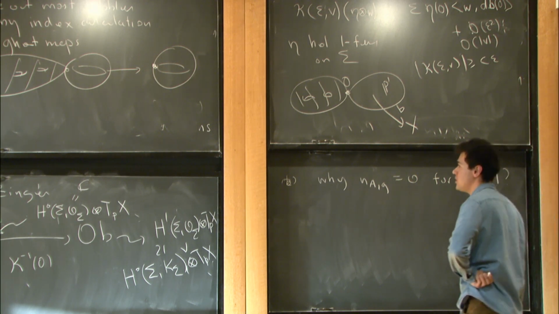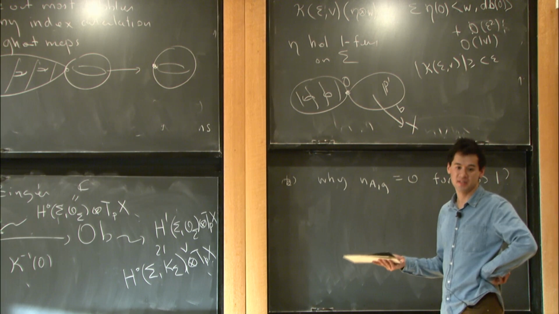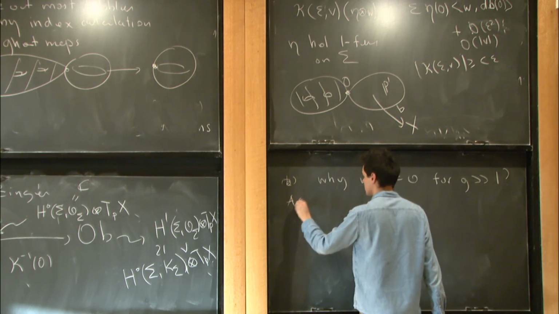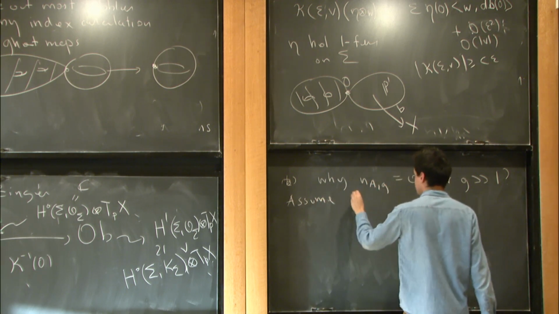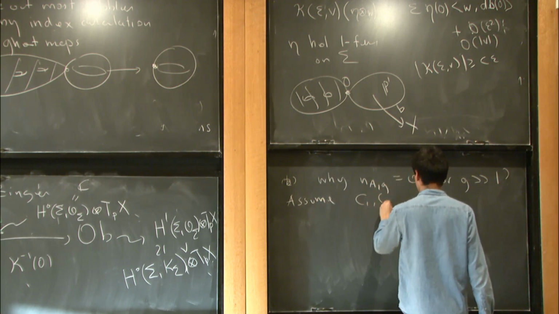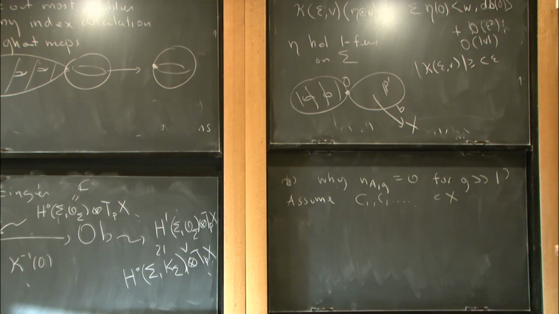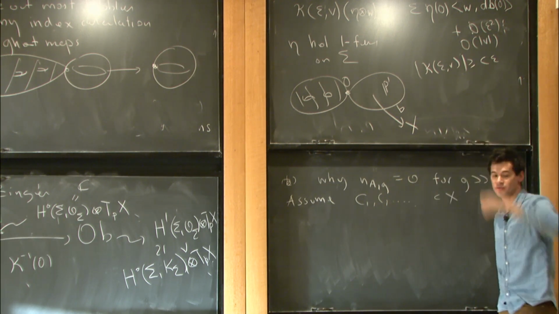Well, now you have to assume that there are infinitely many curves, and you want to arrive at a contradiction. So assume that there are infinitely many curves, say C1, C2 in X. They're all J-holomorphic and all in the same homology class, but their genus possibly goes to infinity.